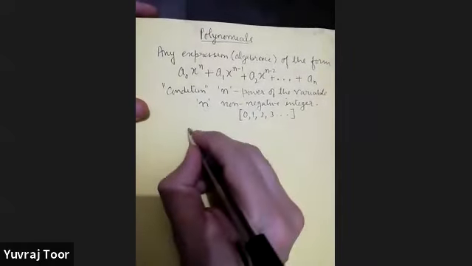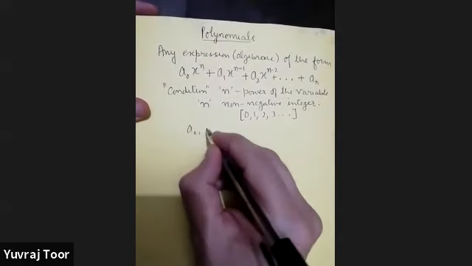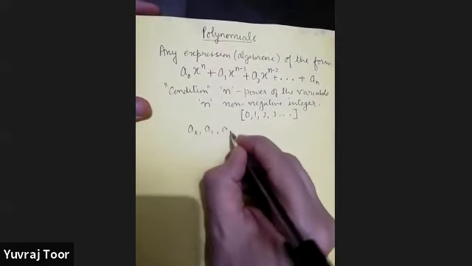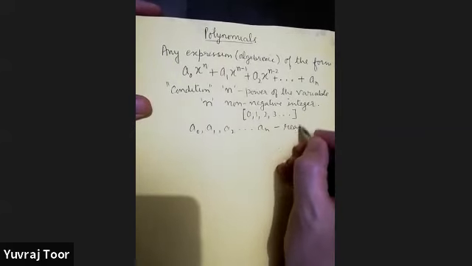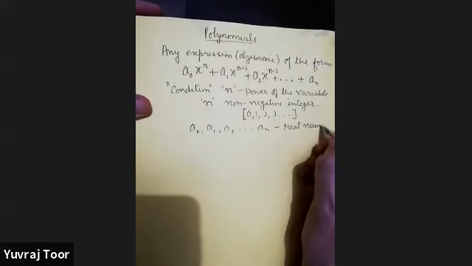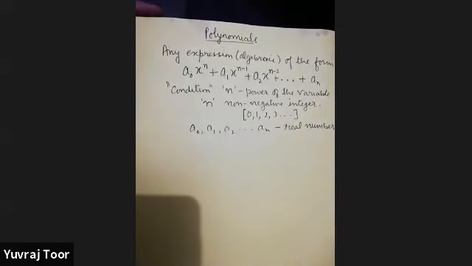Second thing, these coefficients, what values they can have? They can have all the real numbers. Real numbers means all, rational, irrational. They can take those values. So this is the definition of a polynomial.